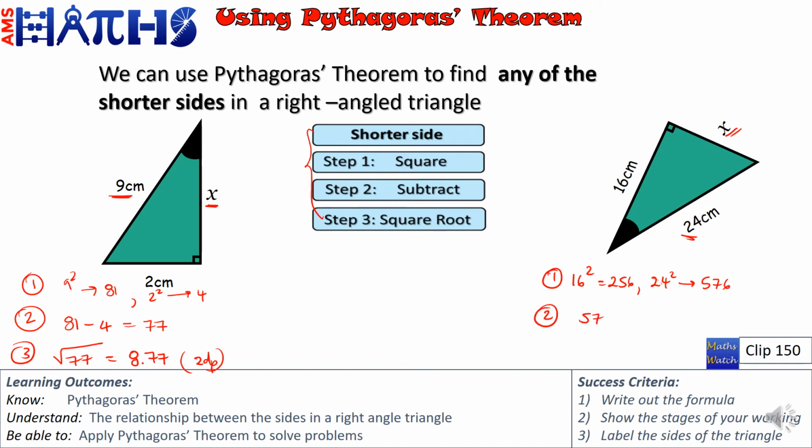So 576 minus 256 gives us 320. And our next step is to find the square root of 320. So the square root of 320 is going to give me, rounding to 2 decimal places, 17.89 centimeters. So that is the length of our shorter side.